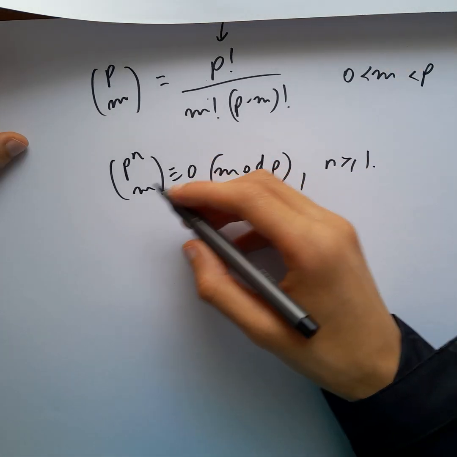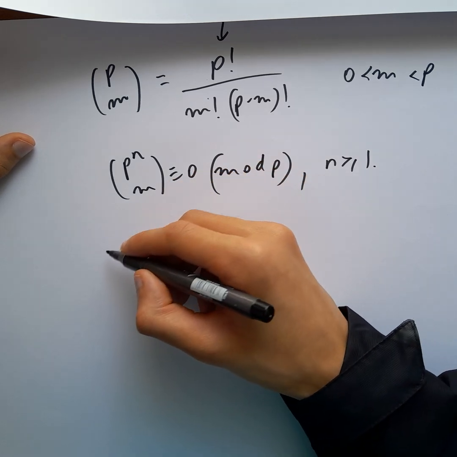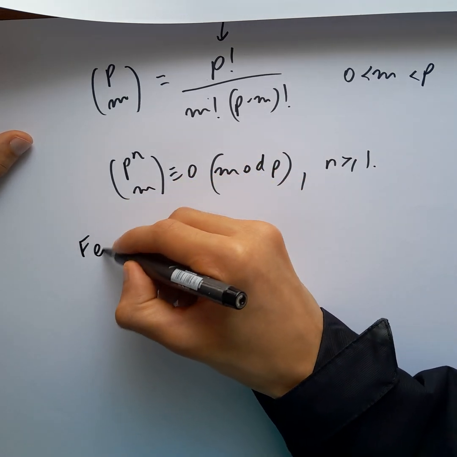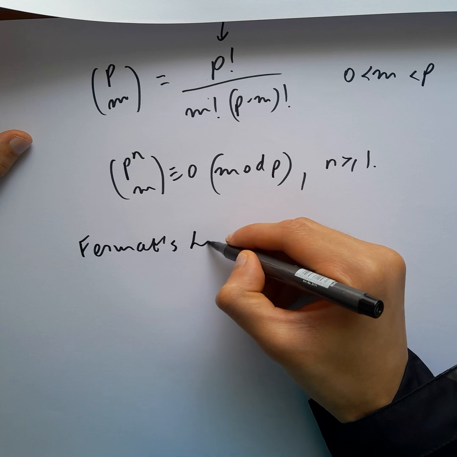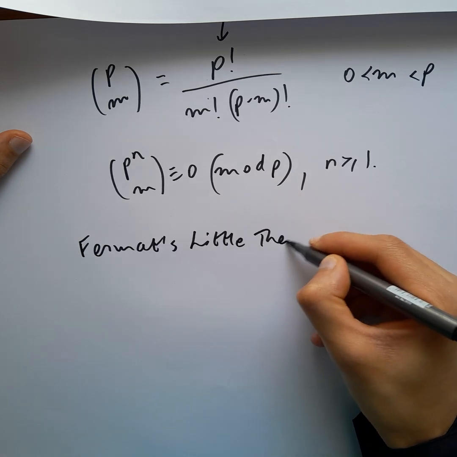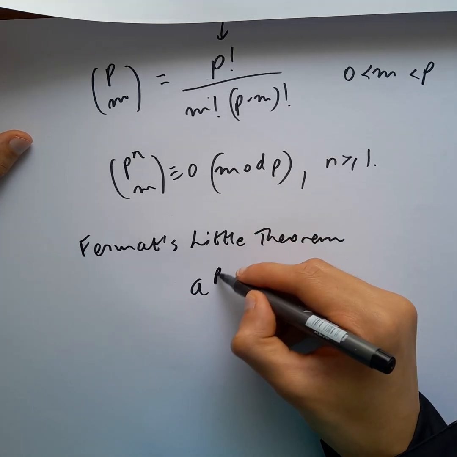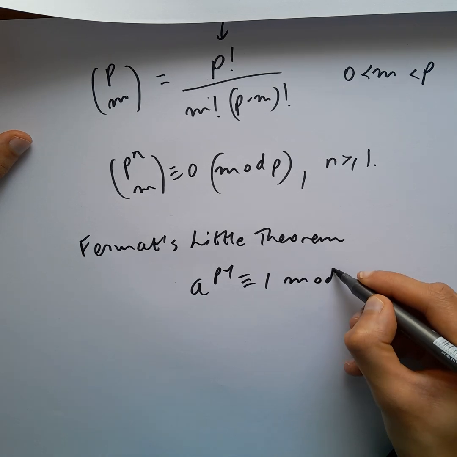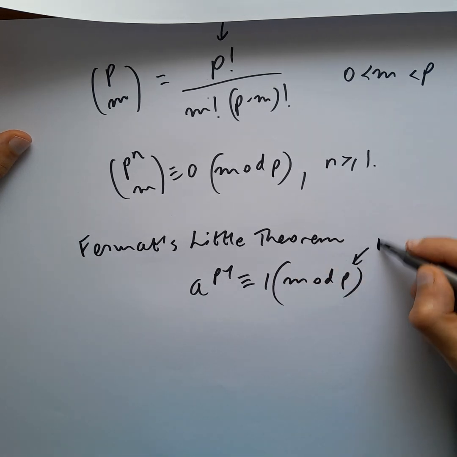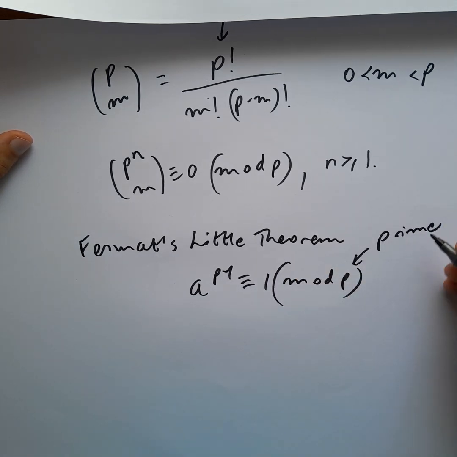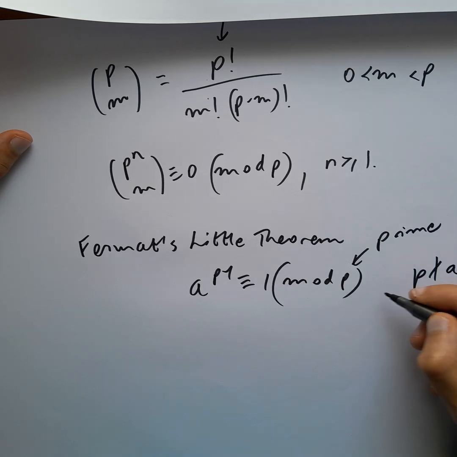Okay, so Fermat's little theorem can also be rewritten as a^(p-1) is congruent to 1 mod p, p is prime, provided p does not divide a.